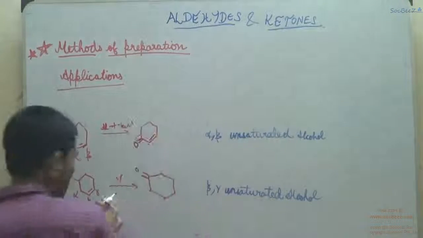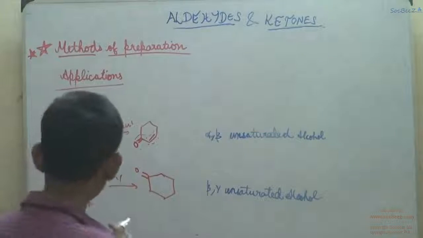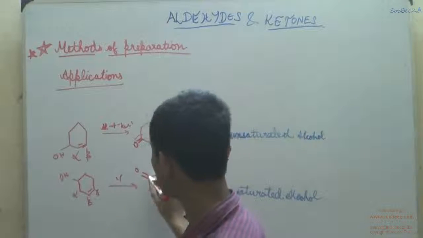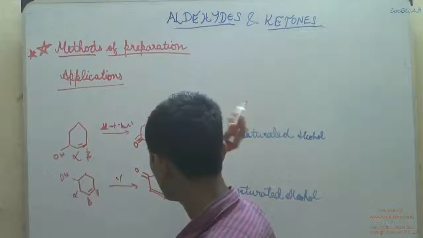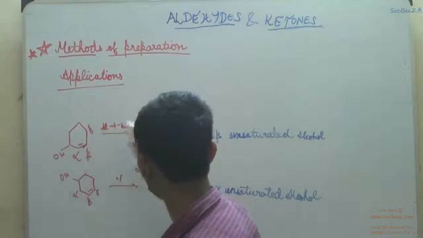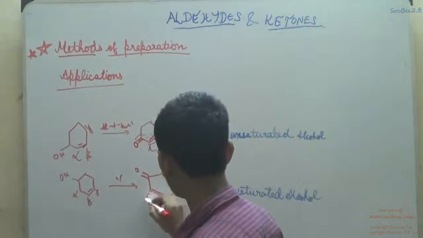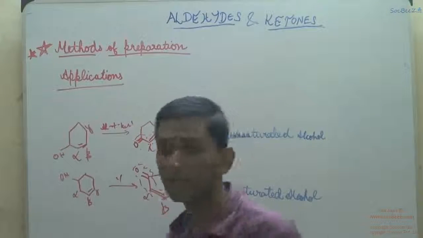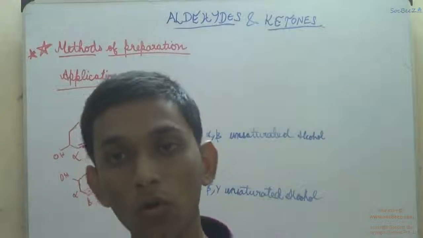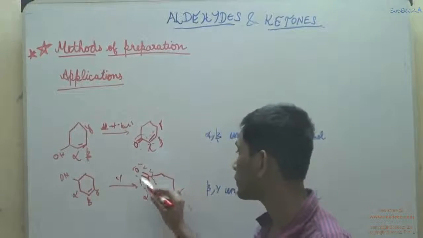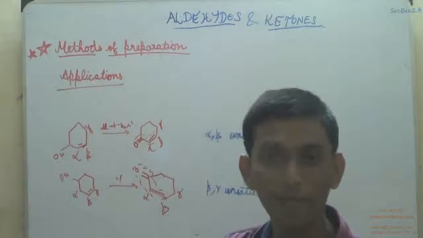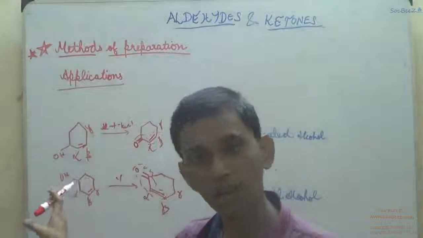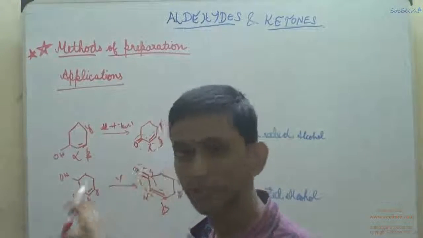But in beta gamma unsaturated alcohols, it is noticed that along with the formation of the ketone, a rearrangement takes place to the alpha beta form because of the conjugation of the C=O group with the double bond. So in Oppenauer oxidation, beta gamma rearranges to alpha beta with the oxidation of the alcohol.